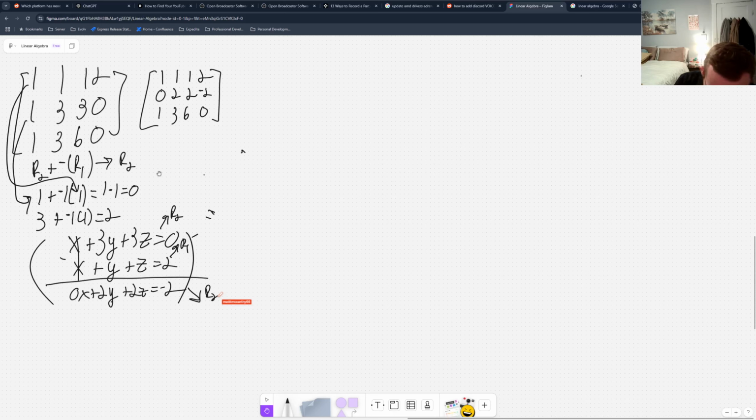And that's this. Okay? R2 plus negative 1 or minus R1 goes into R2. And then we have a new equation where there's no x, because that was the goal. We have x in the first equation, the first row. We want no x in any other row. We want zeros for x, right? Gotcha. Okay. So now we want zeros for x in the third row, the third equation, right?